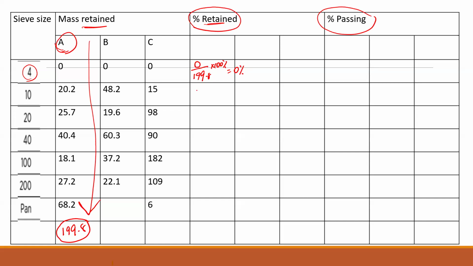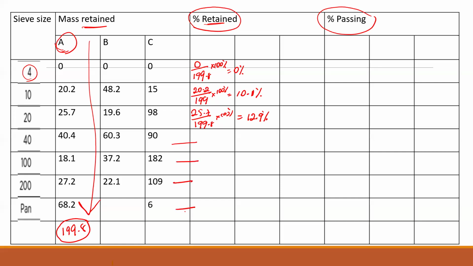And then for the second one, that will be 20.2 over 199.8 times 100. So that you can find the percentage retained for this one. If you put this in the calculator, it comes as 10.1%. And the next one is 25.7 over 199.8 times 100%. So if you do that, it will be 12.9%. So likewise, you calculate all of these ones.